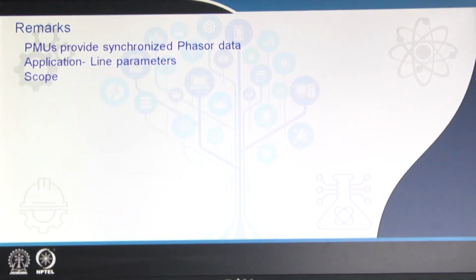So, overall we see that the PMU provides synchronized, time stamped phasor data, and this gives us scope for numerous power grid applications, in real time applications like protection, monitoring and control, and also data analytics and all sorts of offline applications.